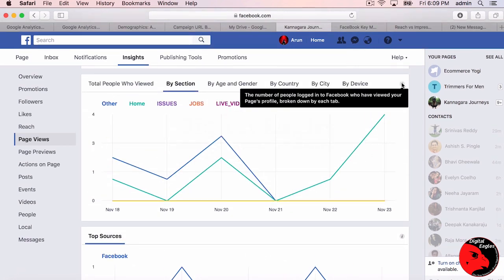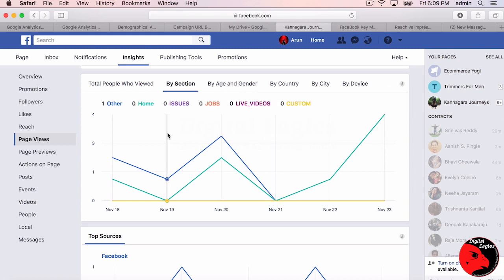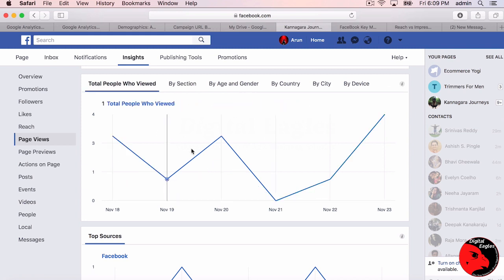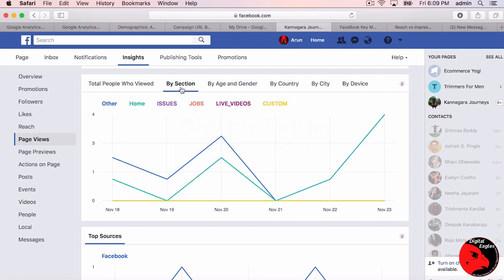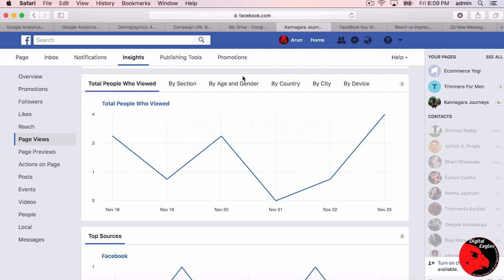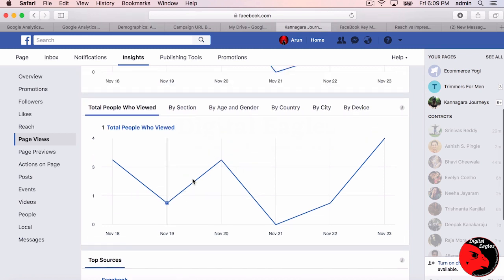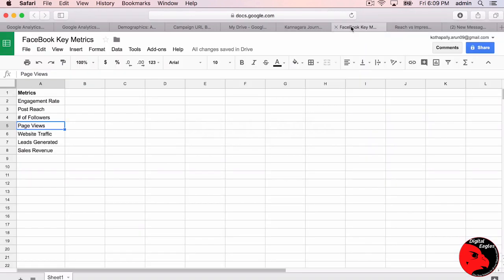This is basically the number of people logged into Facebook who have viewed a page, broken down by each tab. There are multiple tabs in your Facebook page, and this particular data tells you whether they clicked on the home page tab or the jobs tab or the live videos tab. So this is an important metric, page views.